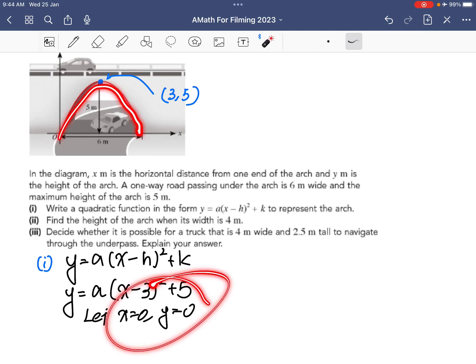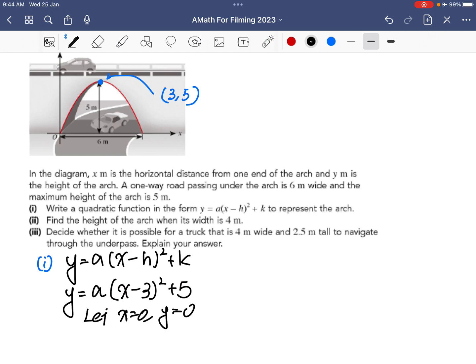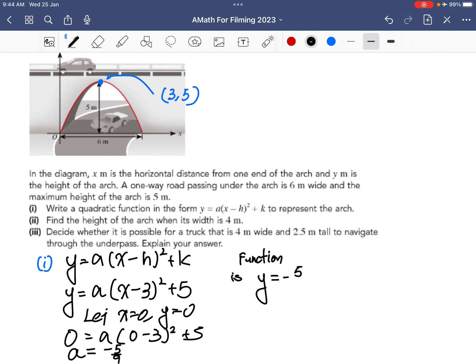This coordinate satisfies this equation, hence I can use it. So now 0 is equal to a(0 minus 3) squared plus 5. I find that my a value is negative 5 over 9. Hence, the function is y equals negative 5 over 9 (x minus 3) squared plus 5.